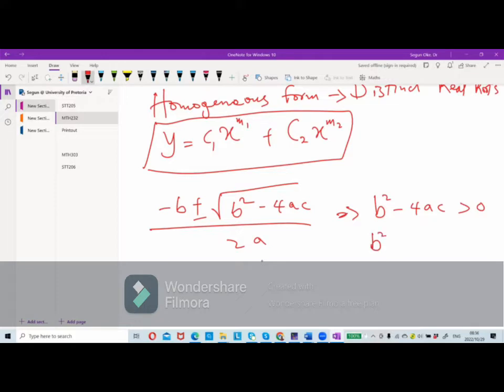Then when b squared minus 4ac is less than 0, what does it mean? And when b squared minus 4ac equals 0, what does it mean? Go and check it by yourself. You will understand that you have distinct roots, you have the one that is not a distinct root, the real root, and you have 3 of them. So go and check the 3 conditions.